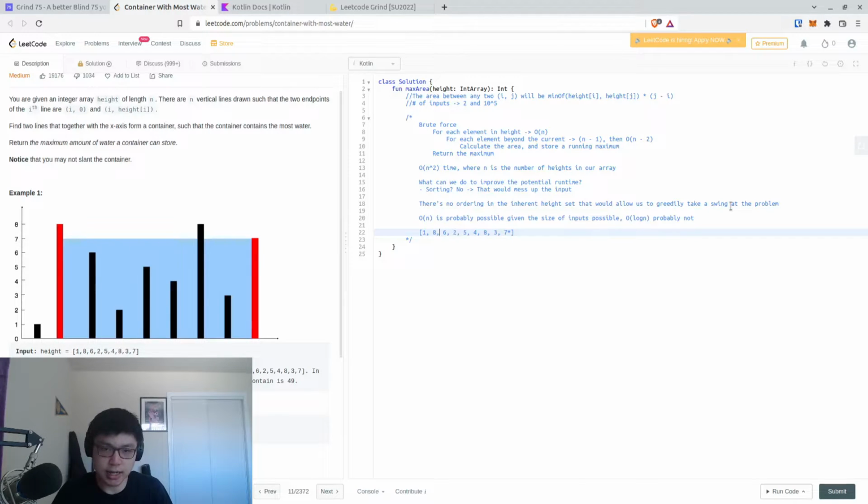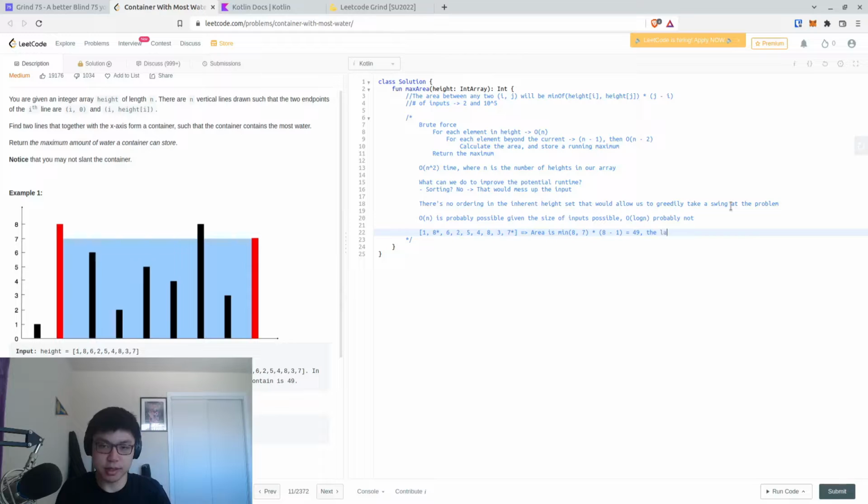Suppose we're at 8 and 7, and we've just calculated that the area is min of 8 and 7 times 8 minus 1, equals 49.